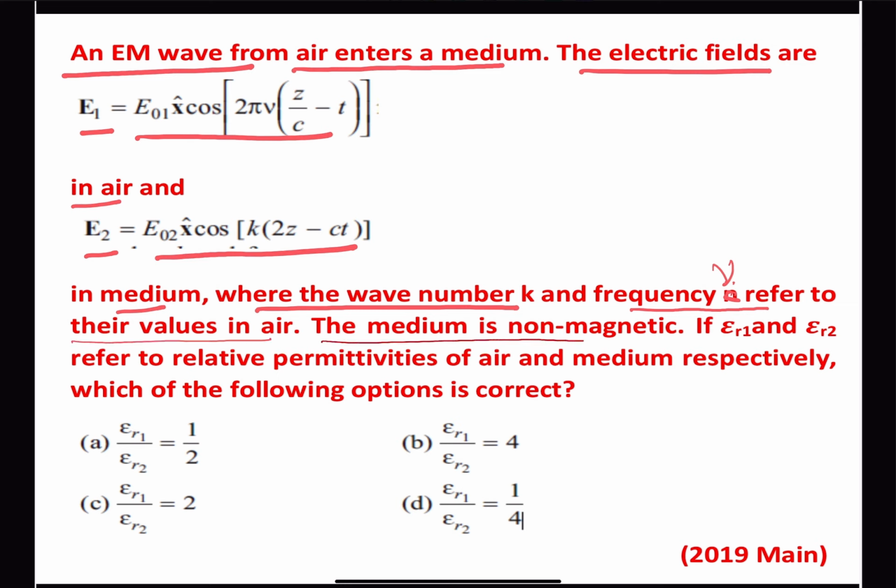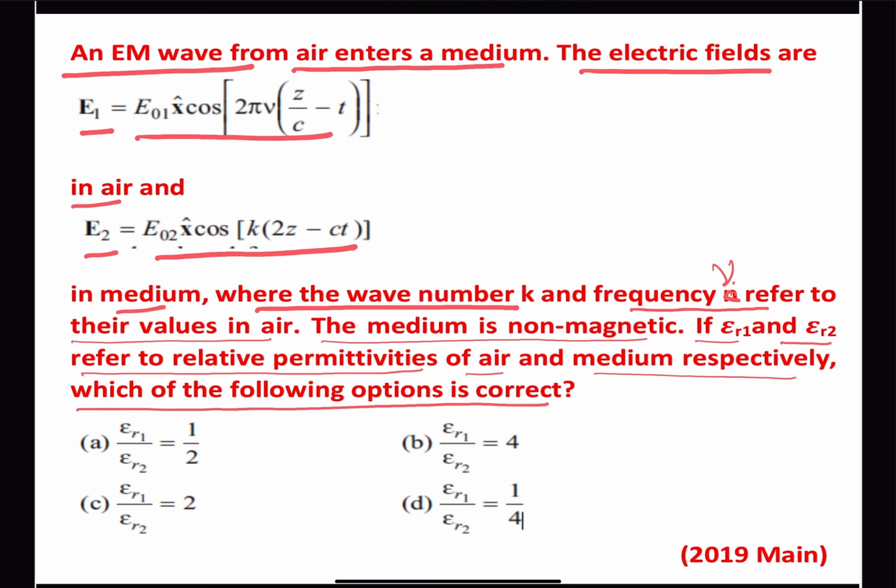The medium is non-magnetic. If epsilon R1 and epsilon R2 refer to relative permittivities of air and medium respectively, which of the following options is correct?